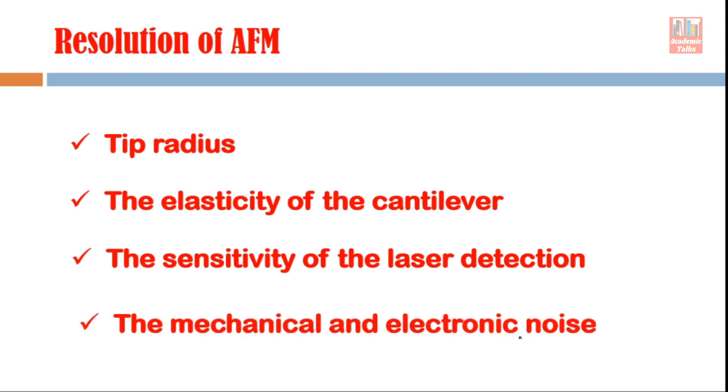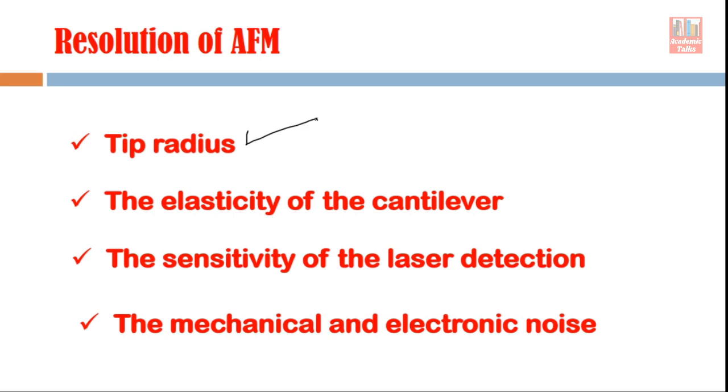Now let's talk about the factors which decide the resolution of AFM. You know that we use these kinds of equipment because they offer us very high resolution. So the resolution in case of AFM of course depends on the tip radius. If you want to achieve very high resolution or atomic resolution, the tip should be as sharp as possible, and the best tip is the one where at the final tip position there is only a single atom, right?